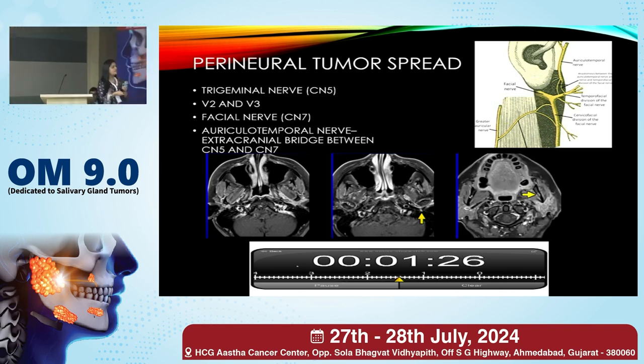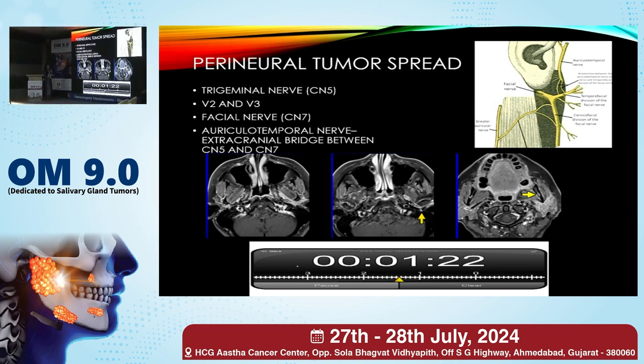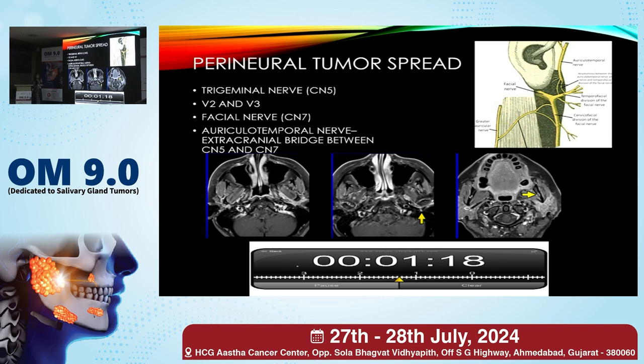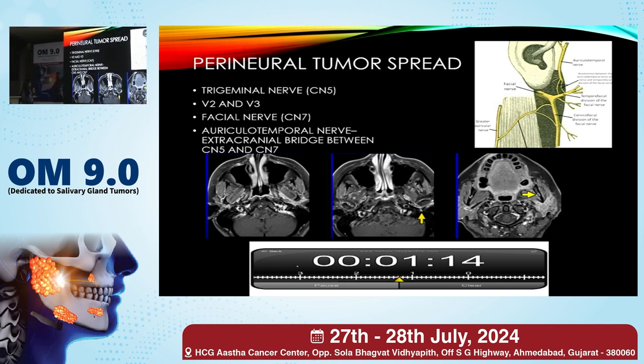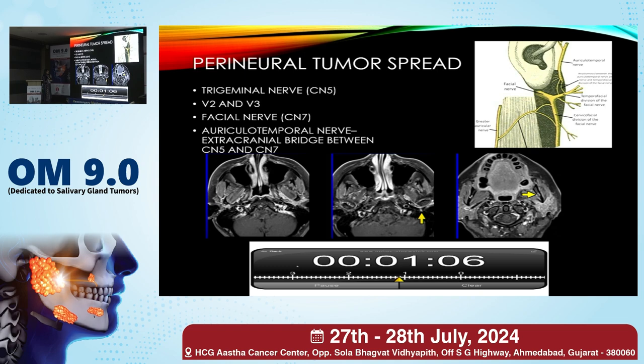On the next post-contrast imaging, we see a lytic lesion with enhancement present in the region of the mandibular foramen. So this indicates that the auriculotemporal nerve is affected. As it is a bridge between the trigeminal nerve and the facial nerve, there is enhancement present in the region of the stylomastoid foramen, as well as in the region of the mandibular foramen.